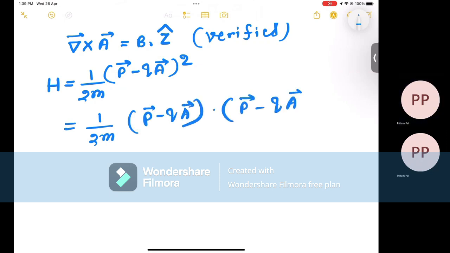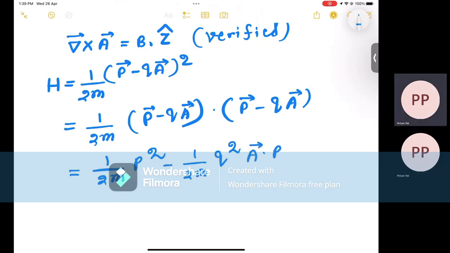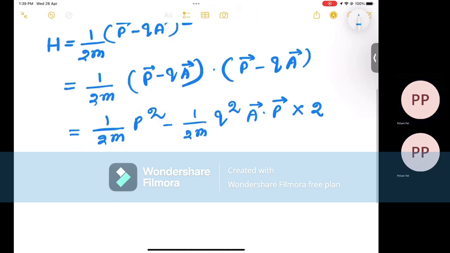One term is p square, and then minus q over twice m times A dot p. This will come twice actually, right? Since A dot p equals p dot A, that you know from the dot product by definition.